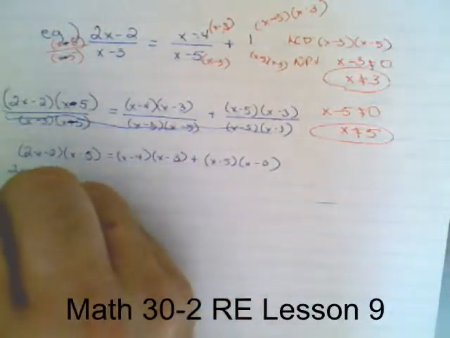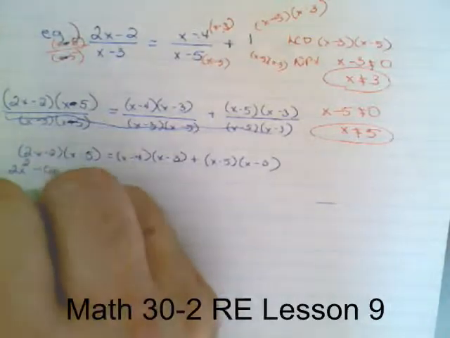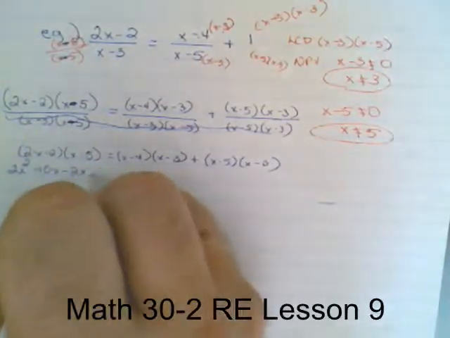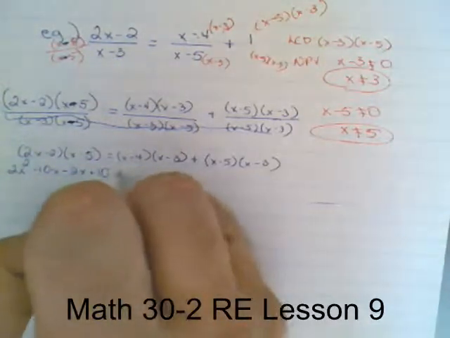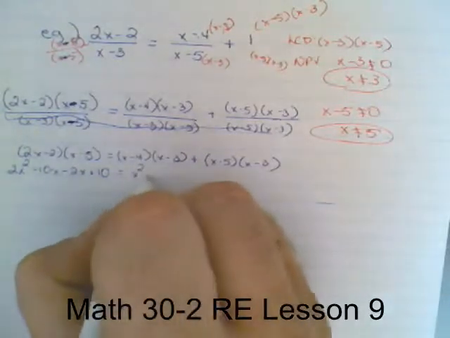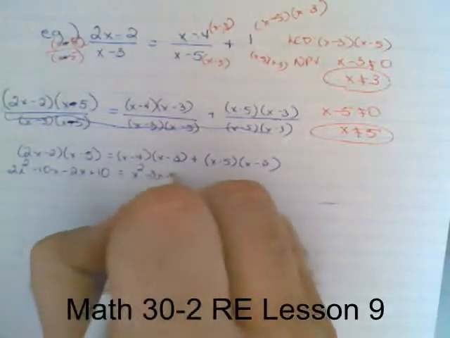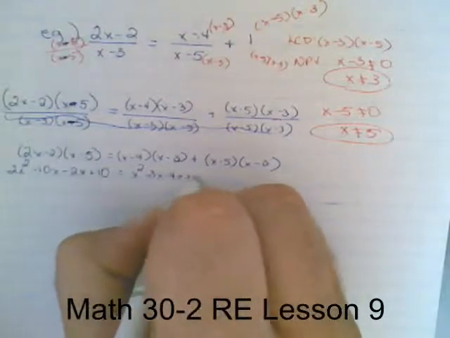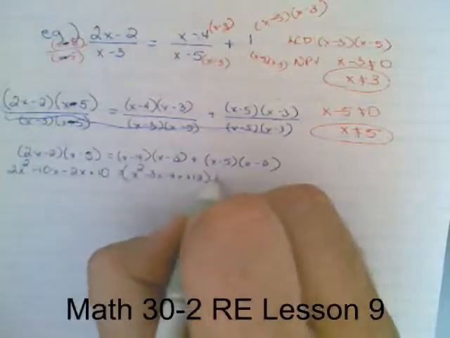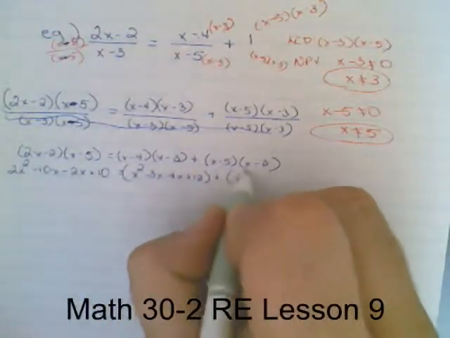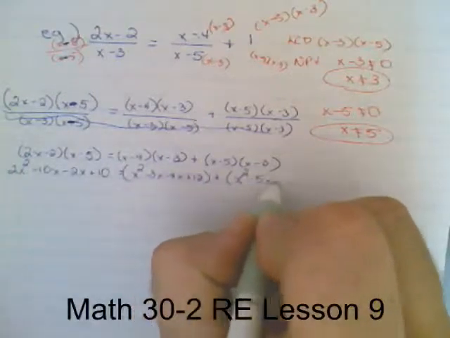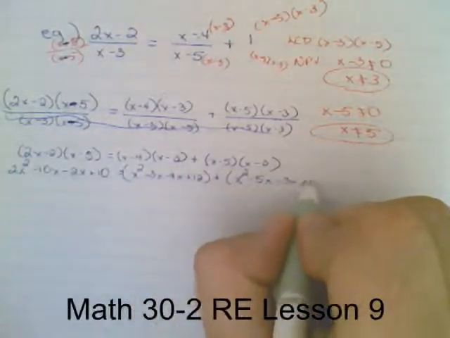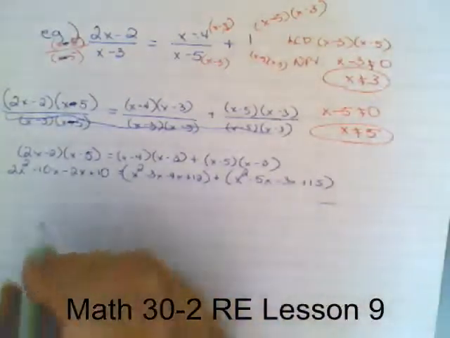I'm going to end up with 2x squared minus 10x minus 2x plus 10 equals, here I'm going to end up with x squared minus 3x minus 4x plus 12. Here I'm going to end up with x squared minus 5x minus 3x plus 15.